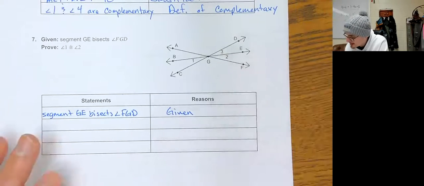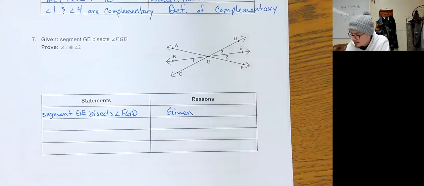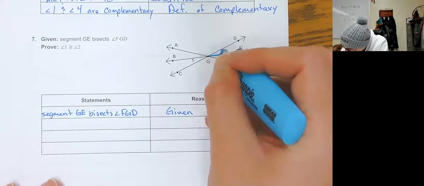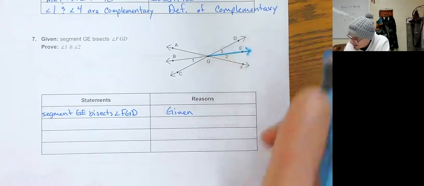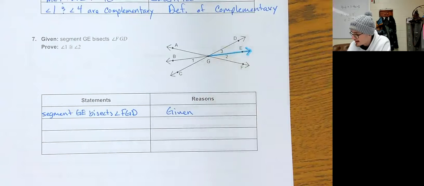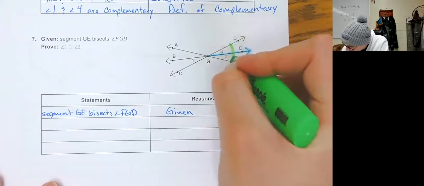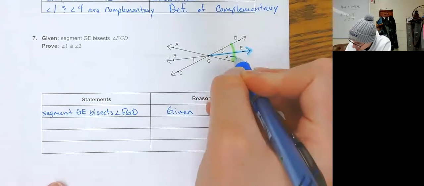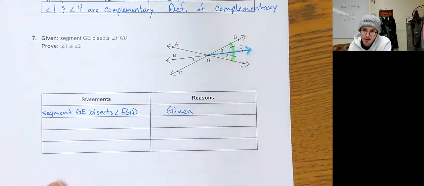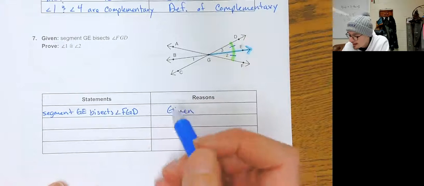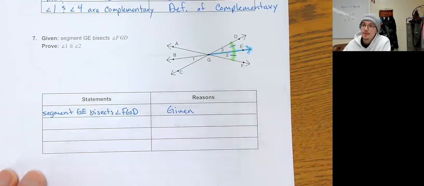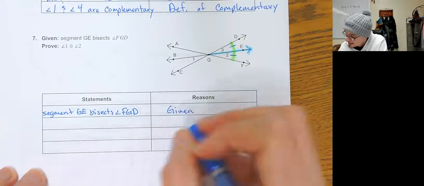So that means that this segment or ray, I should have called it a ray, I should have called this ray GE, bisects this whole angle. And bisect means to cut in half, so we know that these are congruent angles. We know that because that is the definition of bisects, or definition of angle bisector.